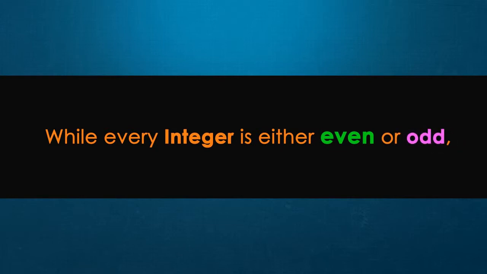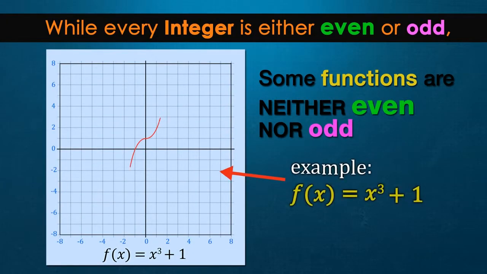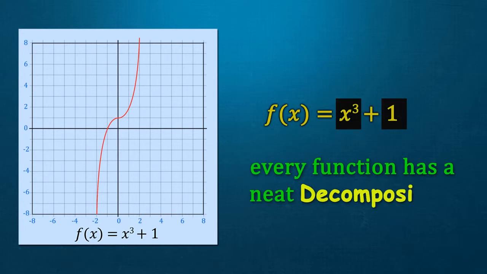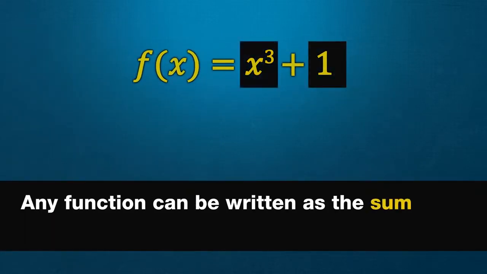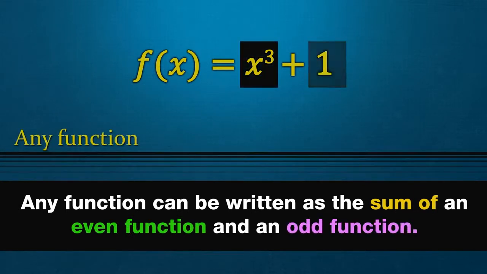While every integer is either even or odd, some functions are neither even nor odd. But it turns out that every function has a neat decomposition. Any function can be written as the sum of an even function and an odd function.